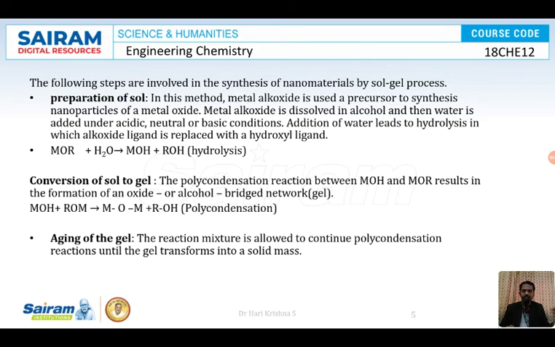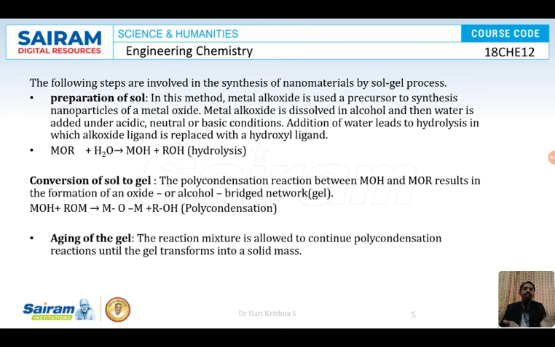Initially it is preparation of the sol. You take any inorganic salt, dissolved in water or a suitable solvent to make a homogeneous solution. This homogeneous solution is hydrolyzed using water or alcohol in the presence of acid or base to convert into a sol. This is the second step, preparation of the sol.